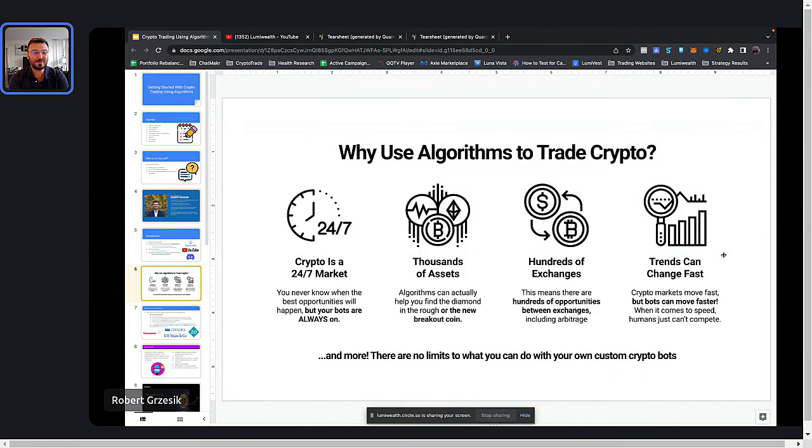I think it happened something like 4 or 5 times this year alone, let alone in its history. So trends really change quite quickly. And if you're running a bot, volatility can actually be your friend. You can make quite a bit of money on these up and down movements. So it's definitely a great way to utilize a bot to make you some money.